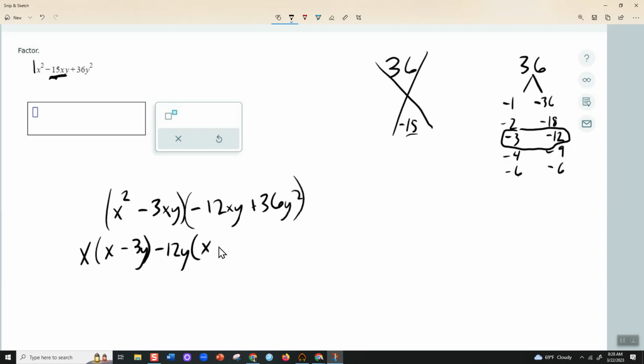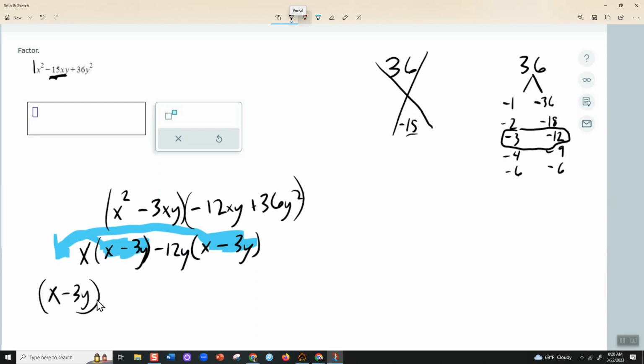And then I get minus 3y. And that's a good sign because I have the same common binomial that I need to factor out. That is going to be x minus 3y, and remaining is the x minus 12y. That's going to be my answer.